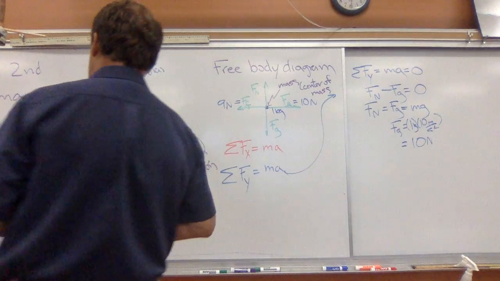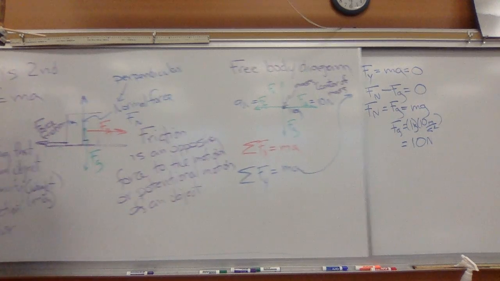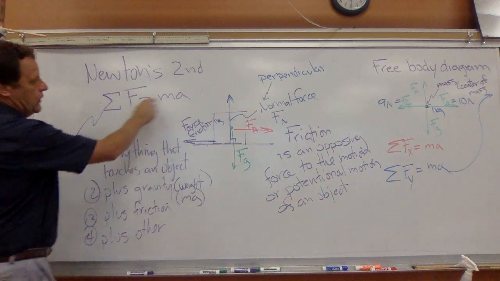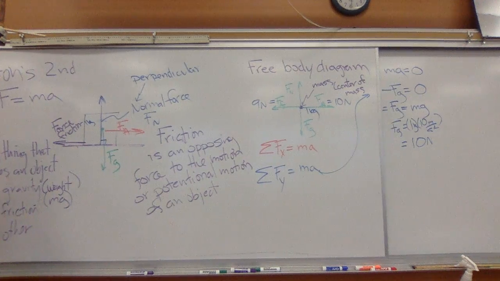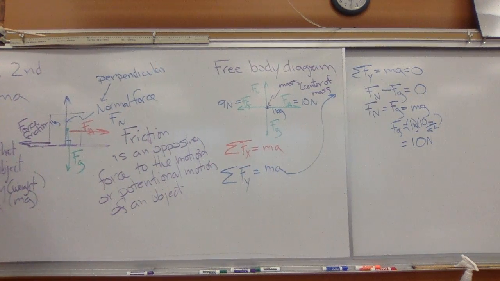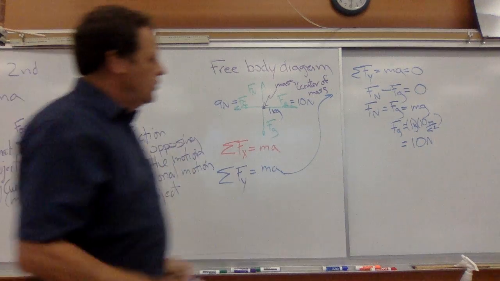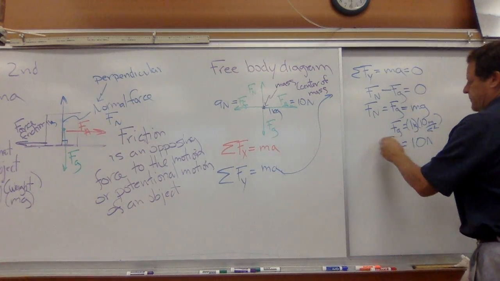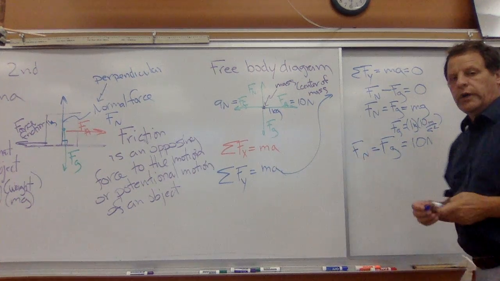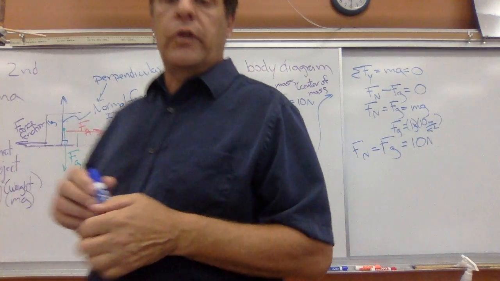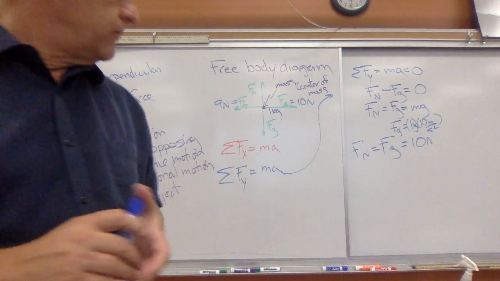Going back to F equals ma, remember the units are newtons, and so we know that is the force of gravity, and we also know it's equal to the normal force.